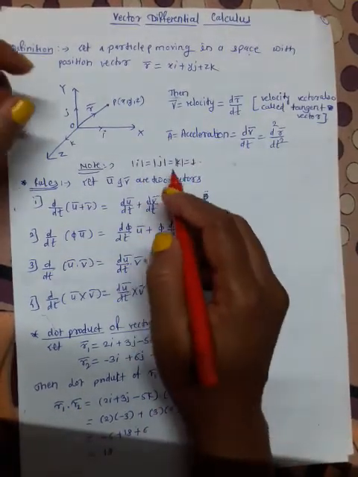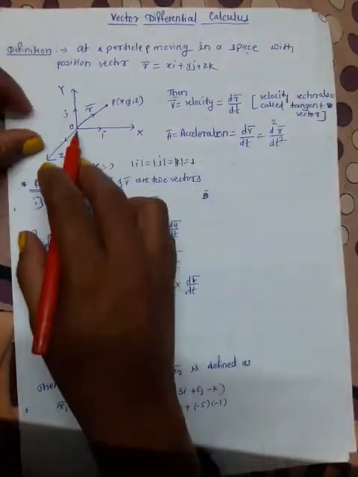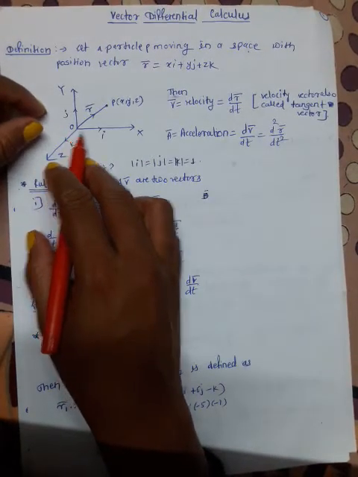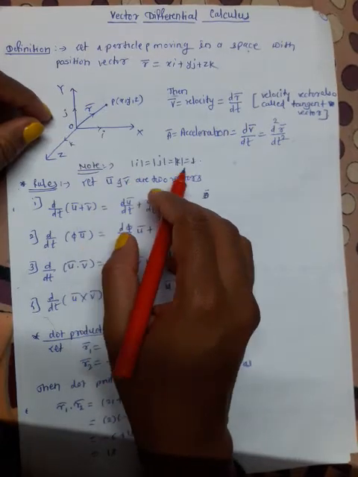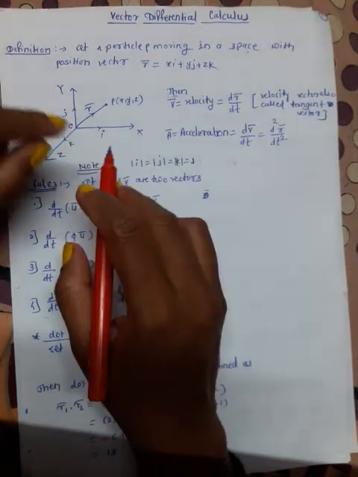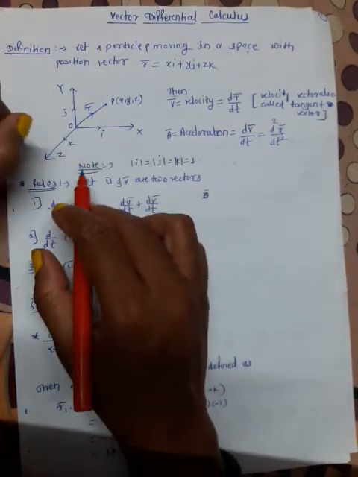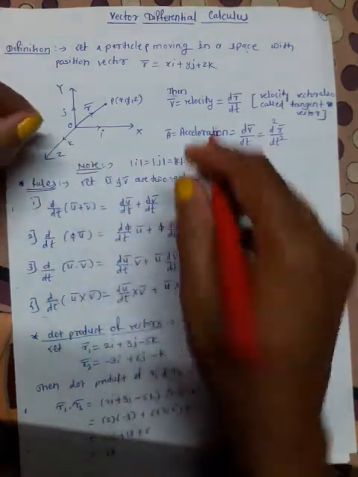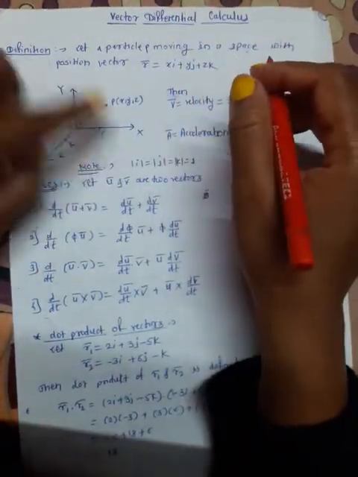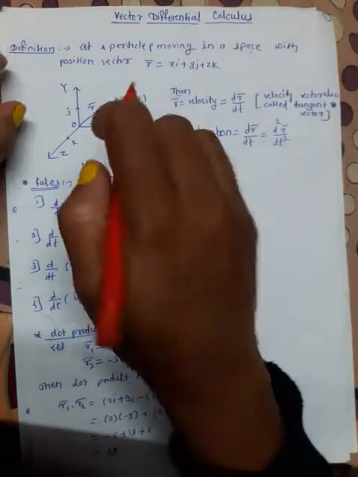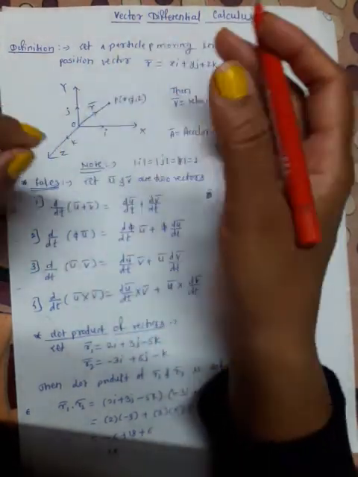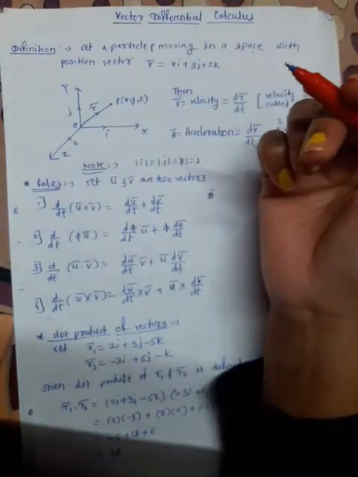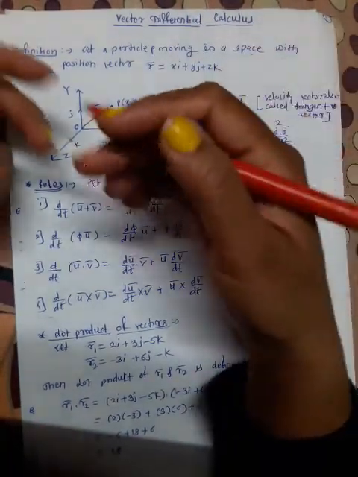The vectors have a particular direction and magnitude, and those whose magnitude is 1 are called unit vectors. They are fixed vectors along the x, y and z axes respectively, and using these three unit vectors we are going to define the different kinds of position vectors of a particle moving in a space.